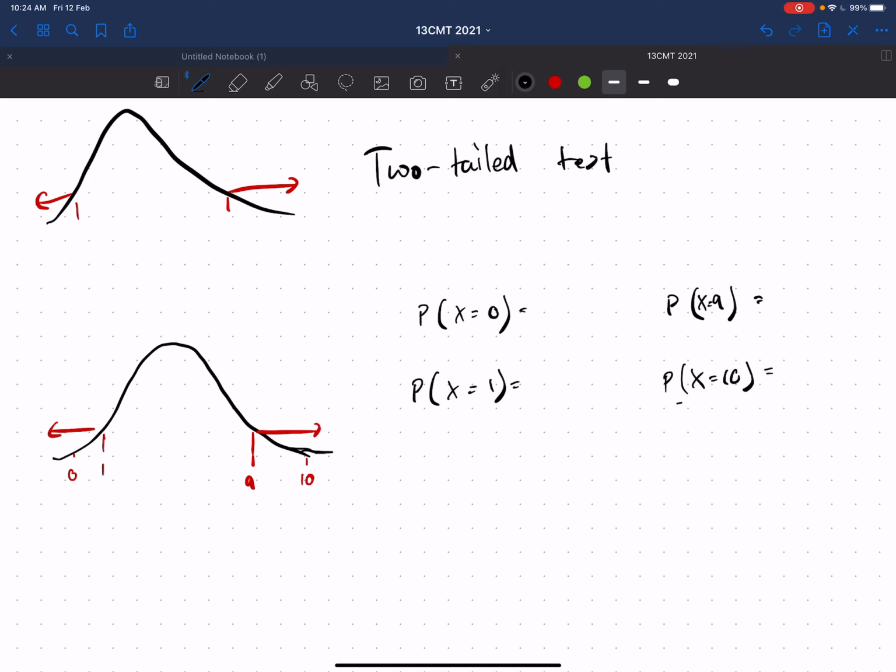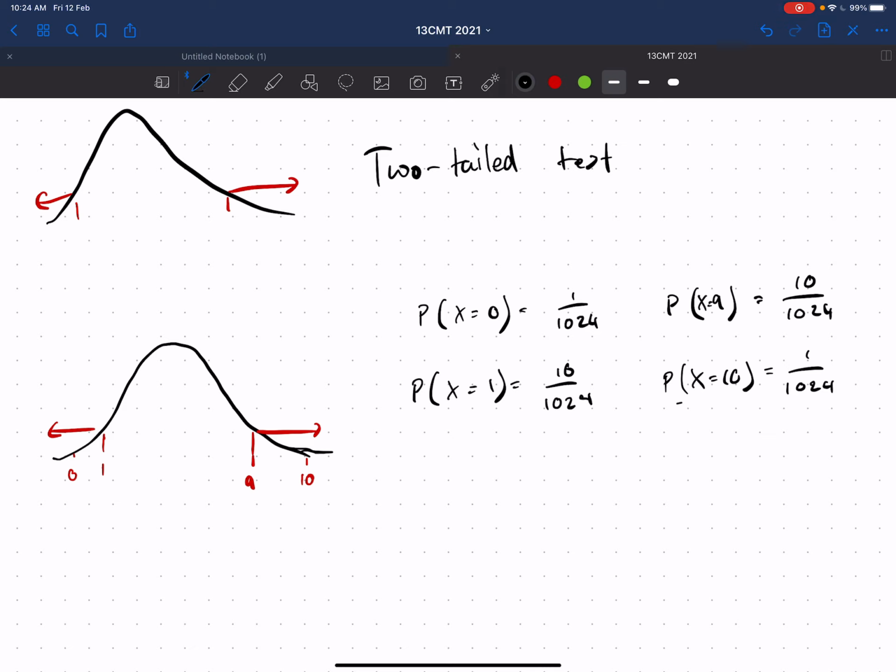They've just used binomial expansion, so nCr, p to the power r times q to the power n minus r. The probability of 0 is 1 over 1024, 1 is 10 over 1024, 9 is 10 over 1024, and 10 is 1 over 1024. So those 4 values.